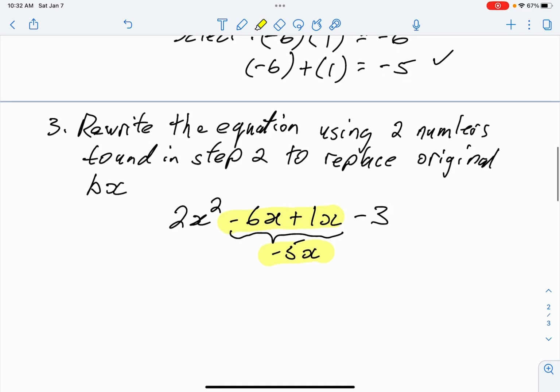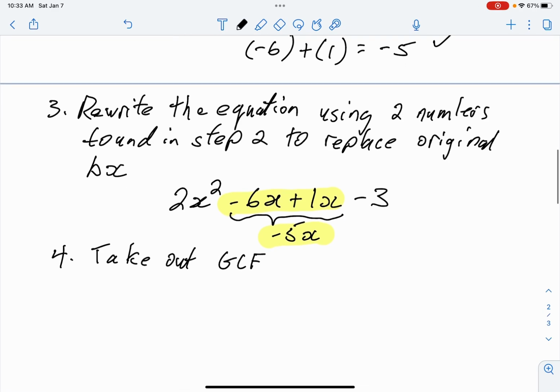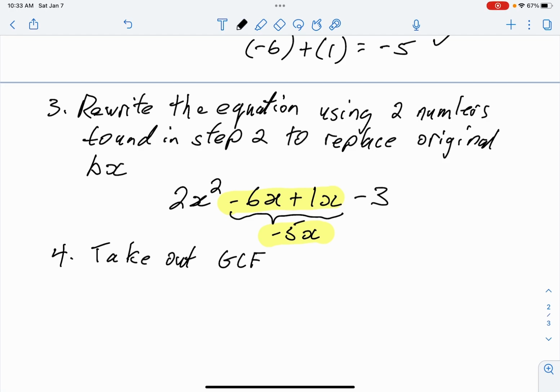Okay. Let's go to step 4. Step 4 is take out the greatest common factor. We're going to lump these together, the first two terms and the last two terms.